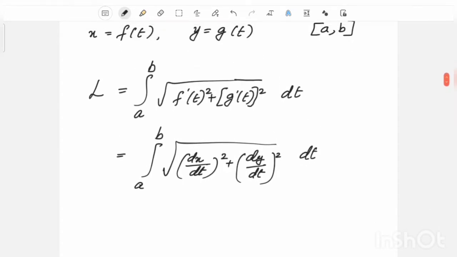So, this can be used for finding the lengths of smooth curves which are represented by parametric equations.